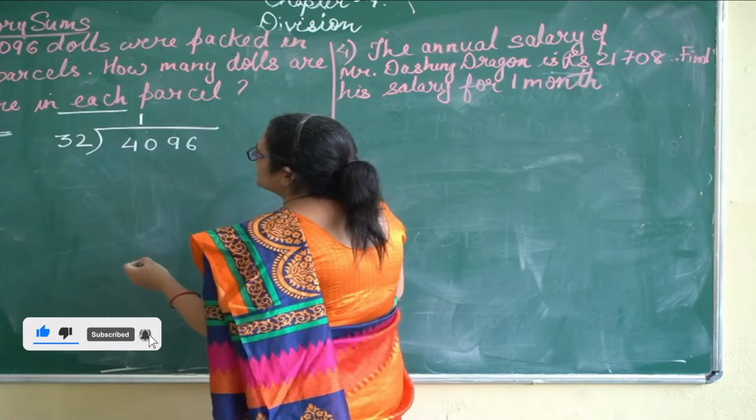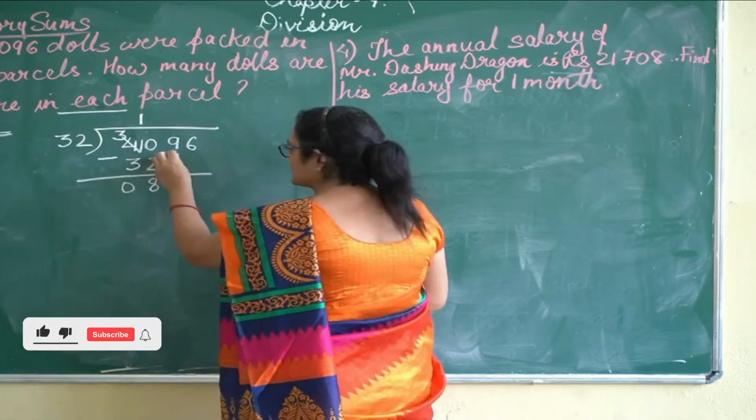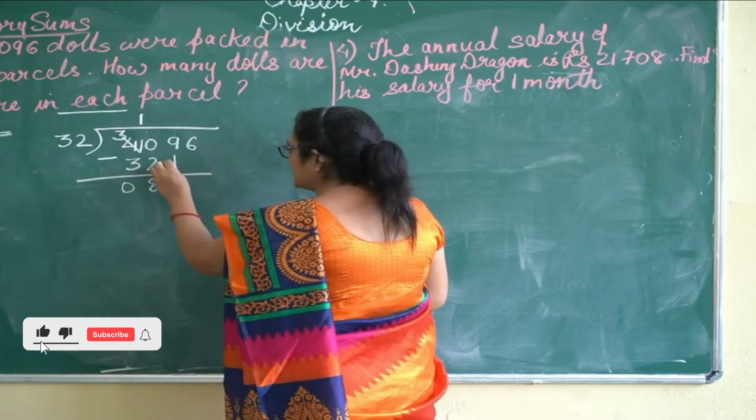Now what is the next step? That is subtract. Can we subtract 2 from 0? No. What will we take? Borrow. So 4 will become 3 and 0 will become 10. 10 minus 2 is 8. 3 minus 3 is 0. What will we bring down? The next number, that is 9.